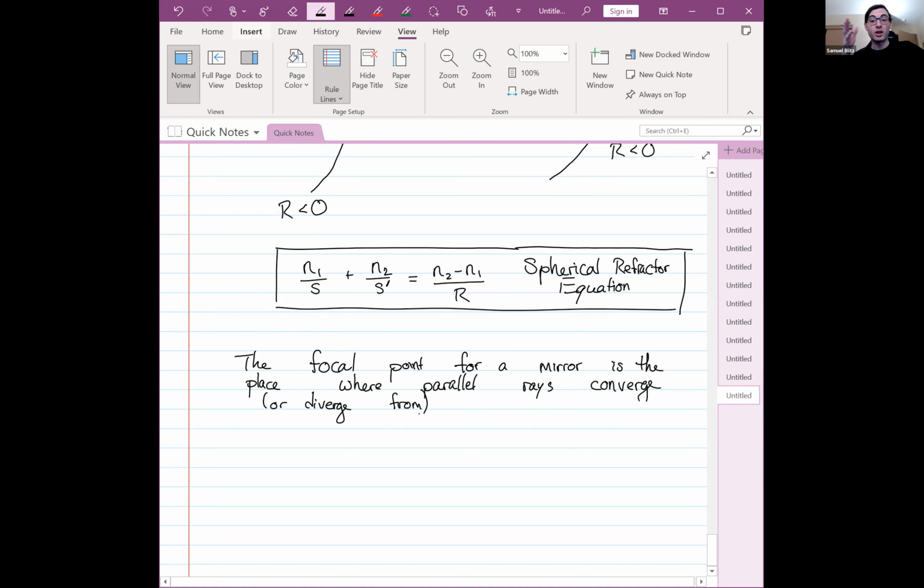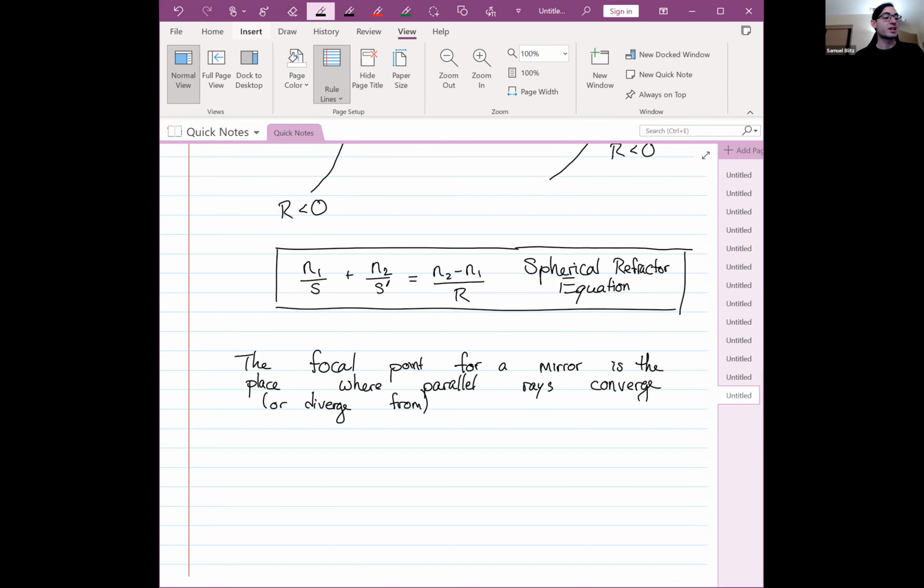So if you shoot parallel rays at a concave mirror, a whole bunch of the rays reflecting off will converge at a point. If you shoot rays at a convex mirror, you'll get a whole bunch of rays scattered off in a diverging cone, but they'll appear to have diverged from a single point. And that point is the focal point.